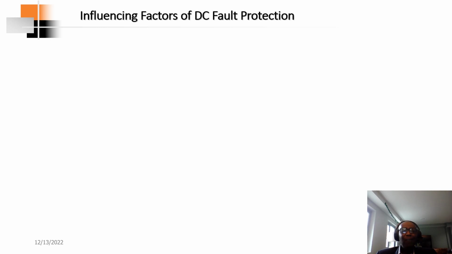Now let's talk about the influencing factors of DC fault protection. As much as you put in the robust, the best, state-of-the-art fault detection, localization, and classification schemes, there are influencing factors that need to be considered when you are implementing these DC fault protection schemes.